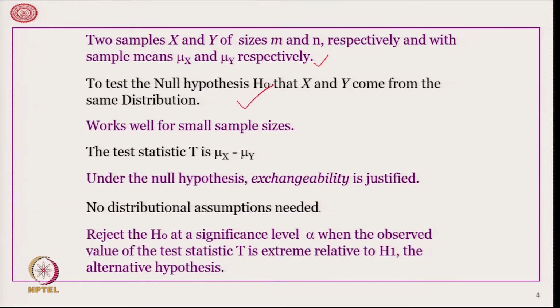We are comparing the distribution of two different populations and we are checking whether they can be considered to be coming from the same distribution or not. This works well for small sample sizes. The test statistic T is mu x minus mu y, that is the difference of the sample means.